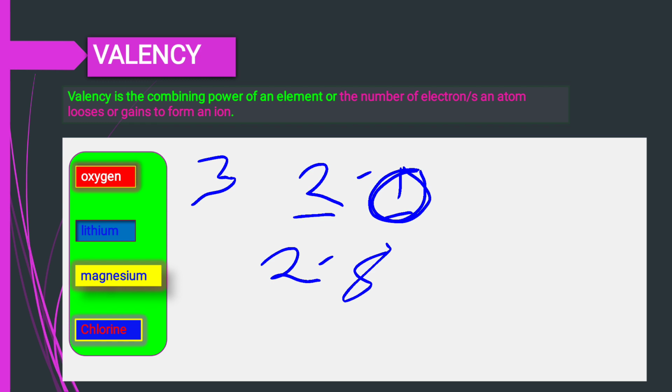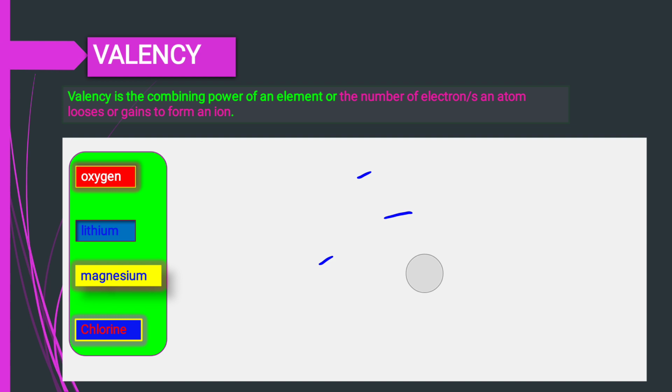Let's look at another example, magnesium. Magnesium is atomic number 12. If you are to write the electron configuration of magnesium, it is 2, 8, 2.